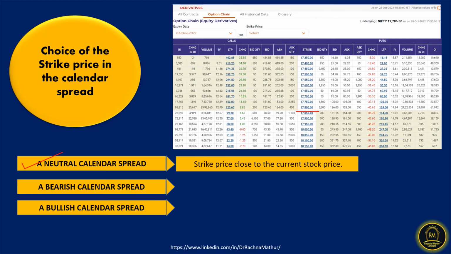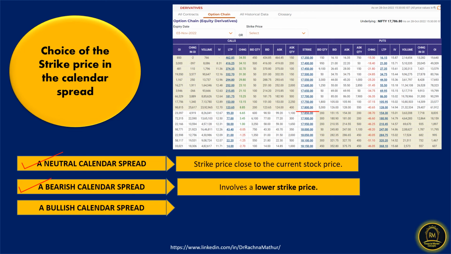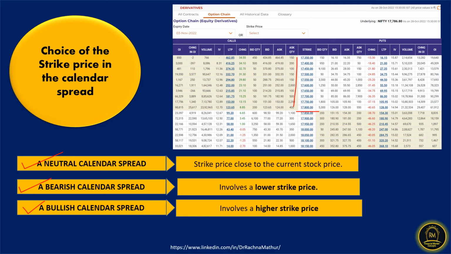But if you want to create a bearish calendar spread, you have to choose a lower strike price. If you want to create a bullish calendar spread, you have to choose a higher strike price.